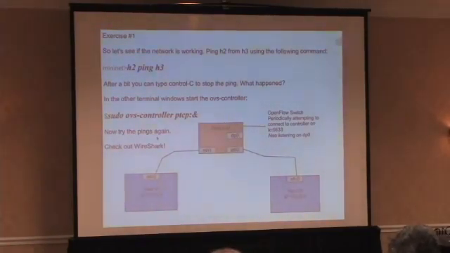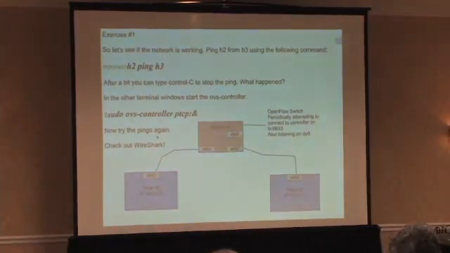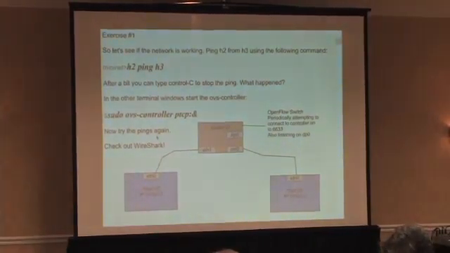One is in the Wireshark window, you should see a bunch of Wireshark OpenFlow salad start to populate its display. What you're seeing there is the initial conversation between a controller and a switch. And you should try the pings again and look at what you see in the Wireshark display and see if the pings work.